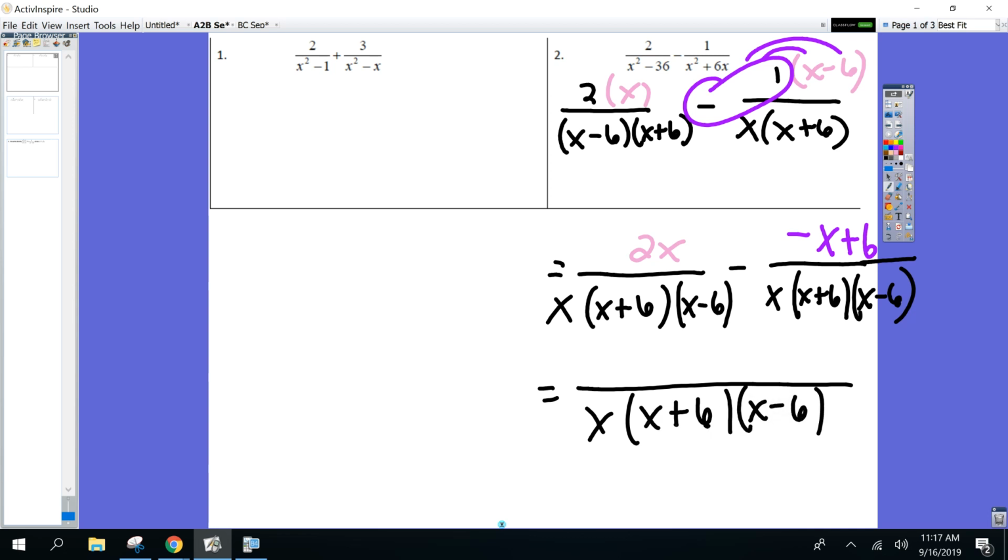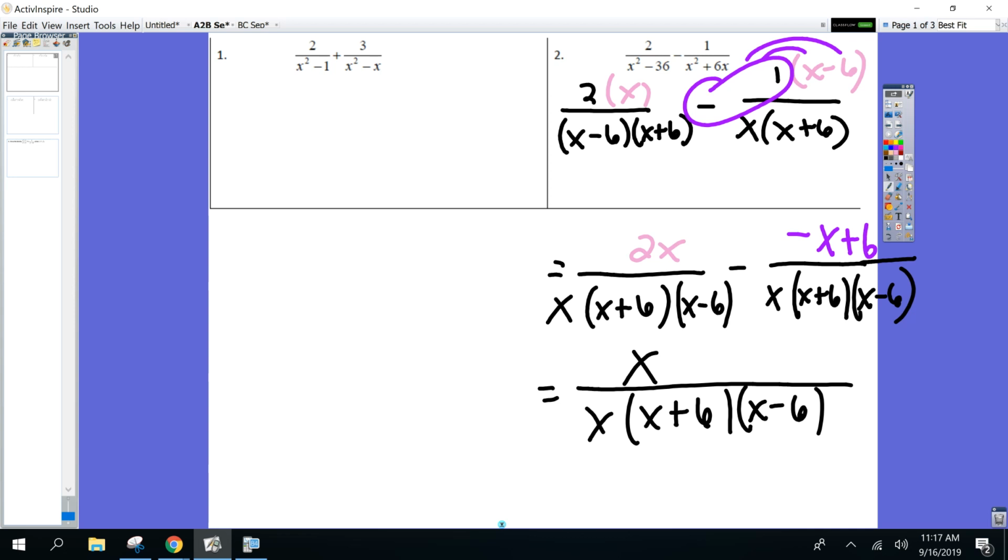Okay. 2x minus x. Oh, I know it's coming up here. Shouldn't it be positive, because there's a negative there? Didn't I just take care of that here?